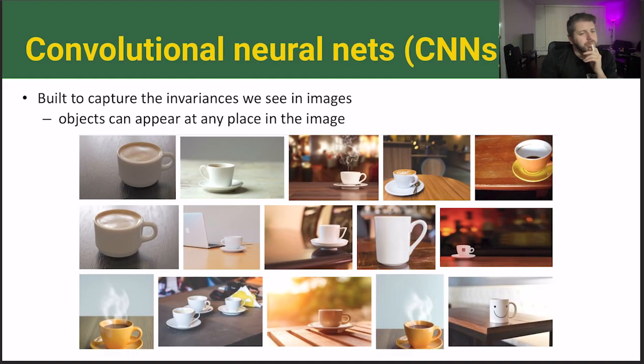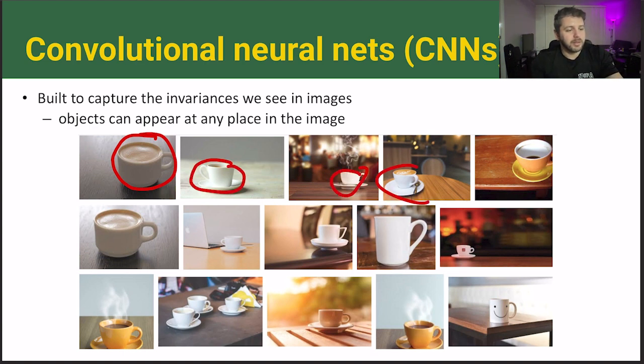And so we get to convolutional neural networks. These are built to capture the invariances we see in images, and so what we see here is that if we have a model, we don't want to specifically build a model that detects a mug of this shape in this specific location. We would like a model to be able to learn the concept of a mug, and then also be able to detect it in many, many other different shapes and sizes, and have it as an effective feature detector.